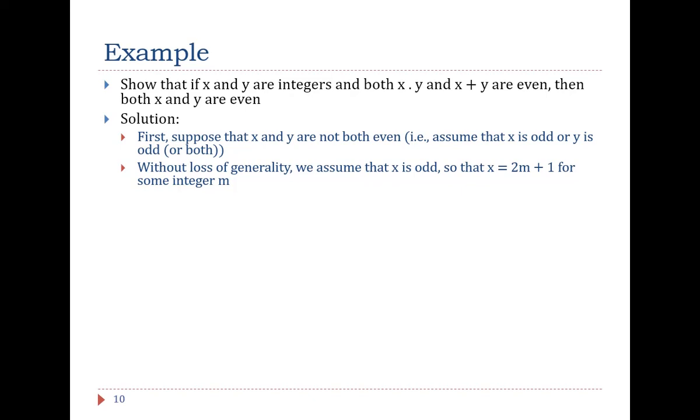It may seem a good step at the beginning because we don't need to consider the case where y is odd, because they are playing a dual role. But do you see any problem in this case?